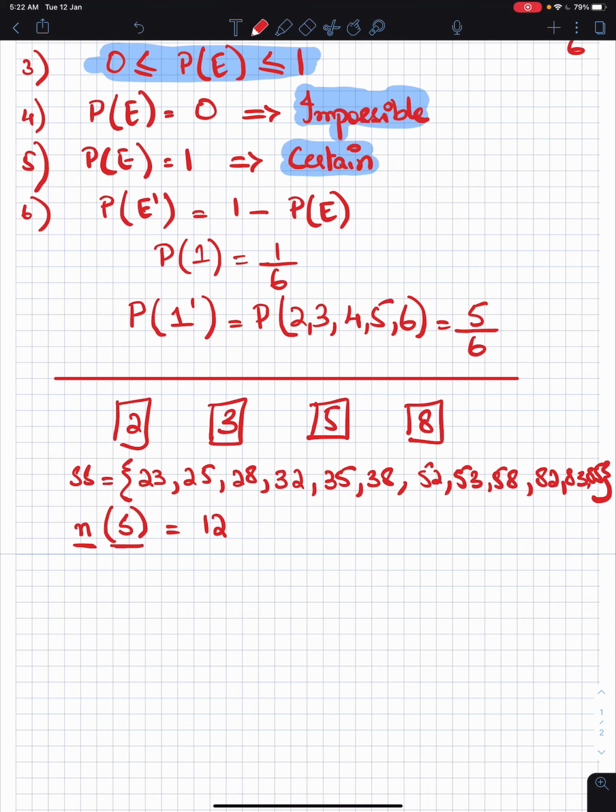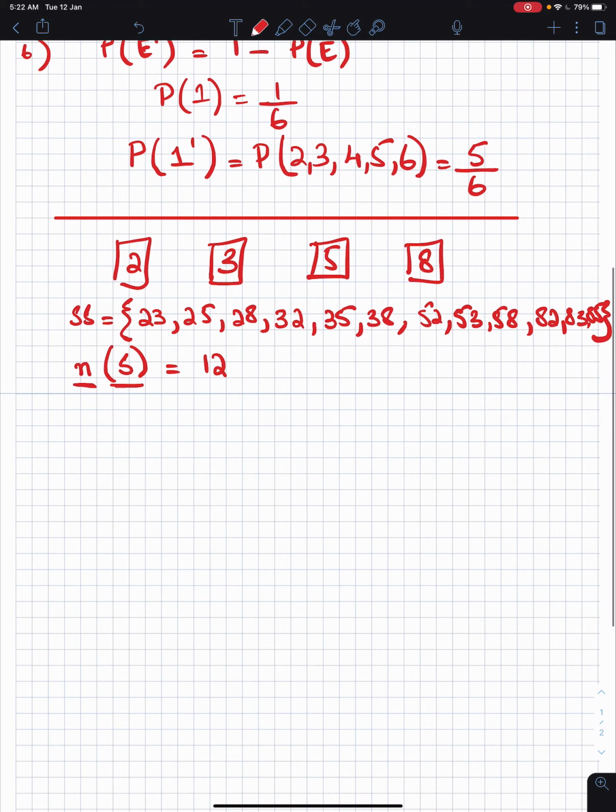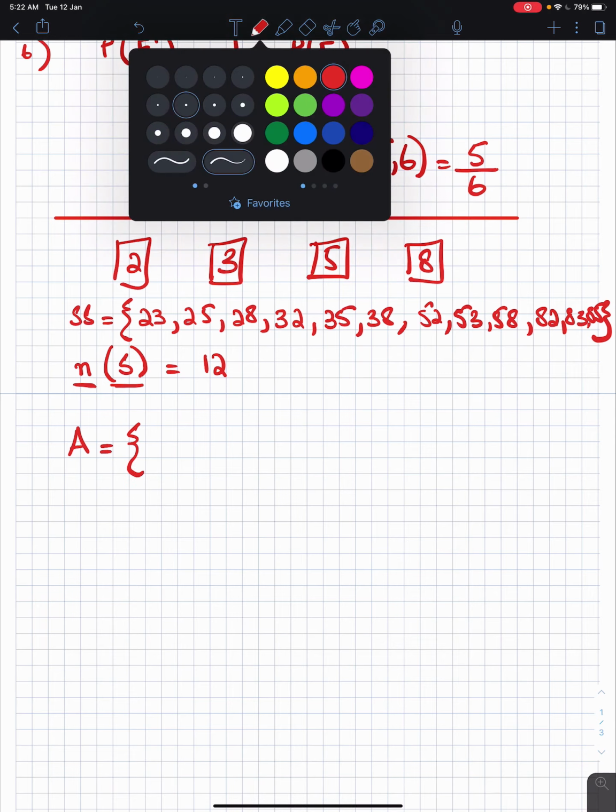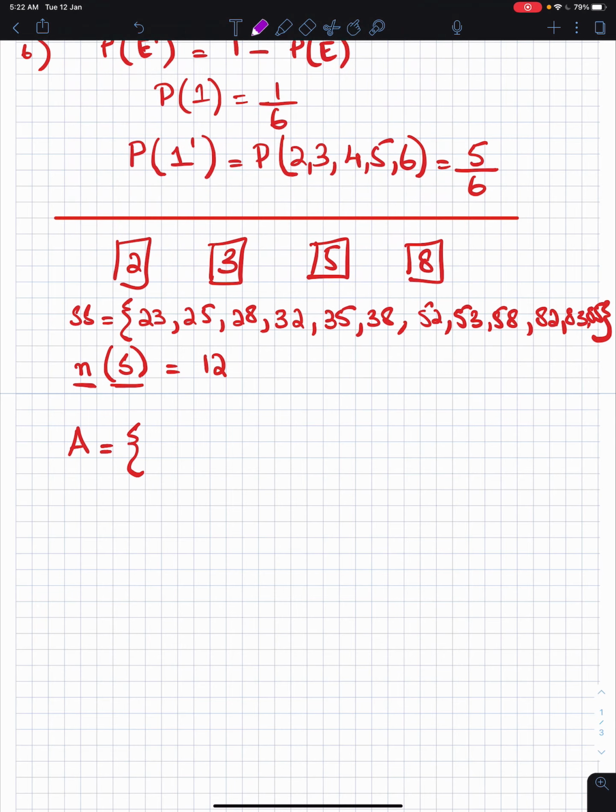Okay, so the first question is find the probability that the number formed is odd. तो सबसे पहले हम देख लेते हैं कि odd numbers की, ये मैं एक सेट डिफाइन कर रहा हूँ जिसमें मैं सारे ऑड नंबर्स लिख रहा हूँ जो कि फॉर्म हो रहे हैं दो कार्ड से.